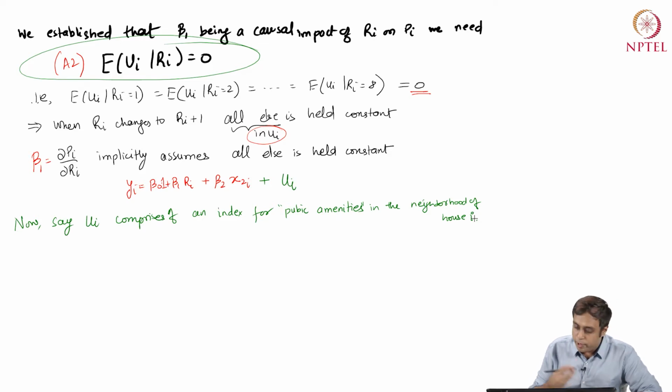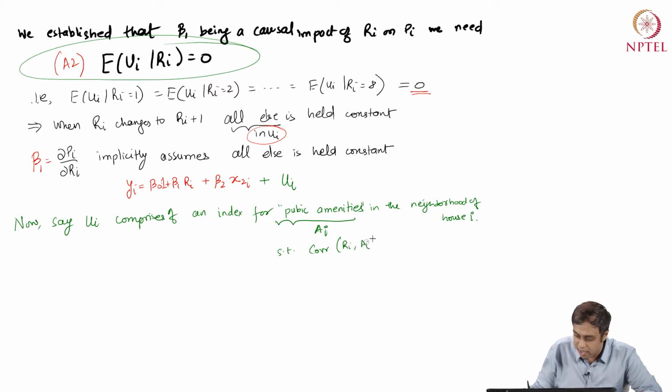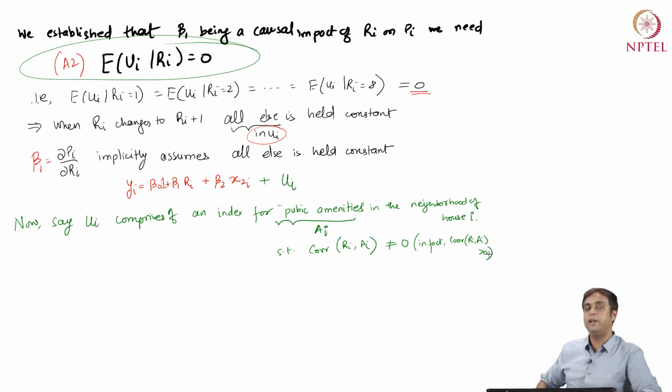I'm going to use a mathematical notation for these public amenities as Ai, such that the correlation of Ri and Ai is non-zero. In fact, I'm going to go one step further and say that Ri and Ai are positively correlated.